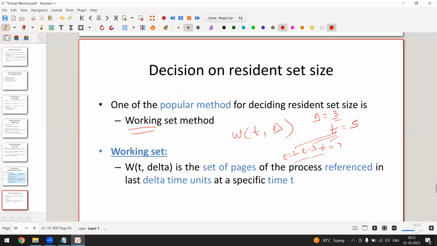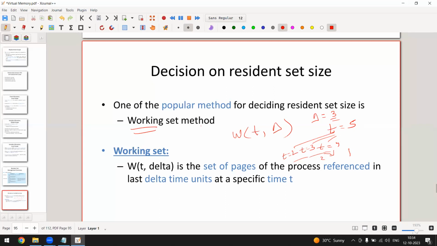So I have to look 3 time units back and find the pages referenced during that time, and that becomes my working set. Again, it's similar to LRU and the principle of locality, that whichever pages were referenced in past timestamps are the ones you are referring to.